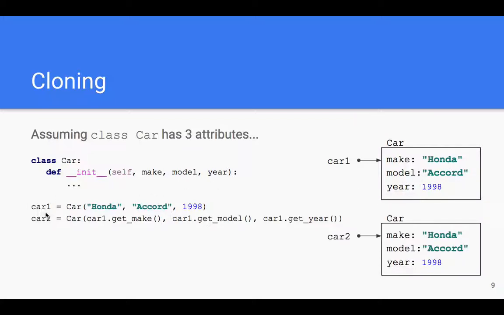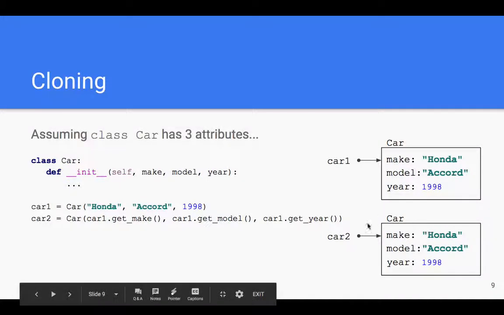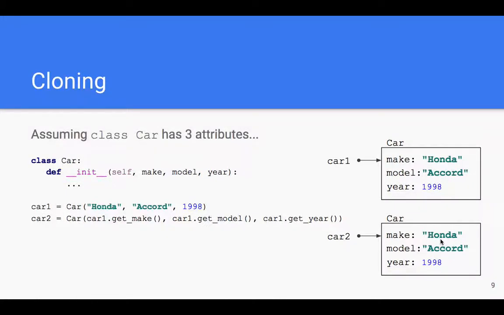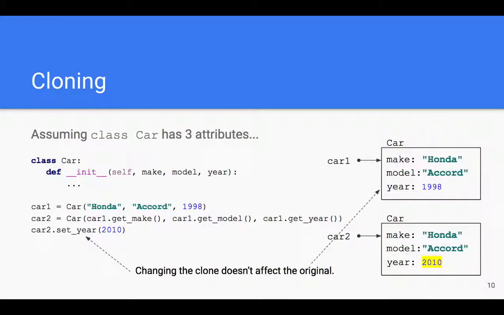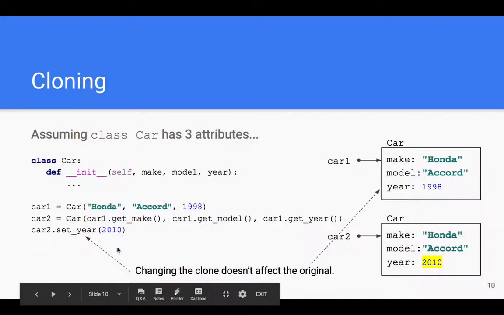When we instantiate a new car for car2, we are creating a completely separate instance. So even though these two look exactly the same, they are two separate objects, separate instances. And so when I change just car2, it will change this instance, leaving car1 not touched at all.